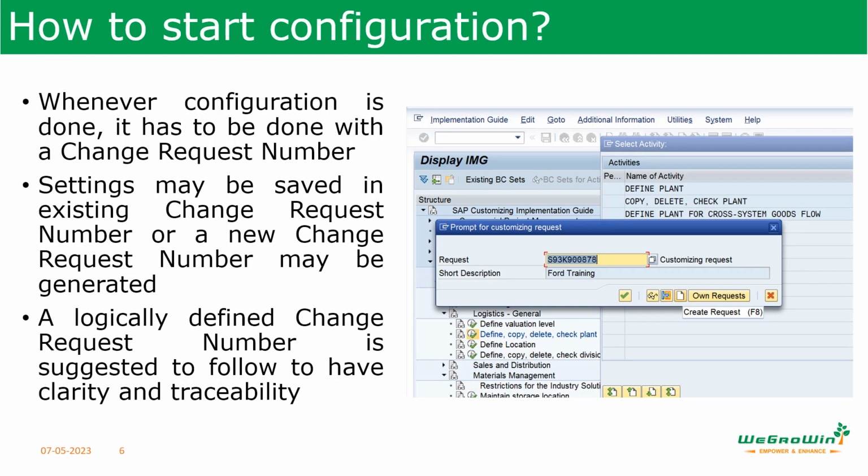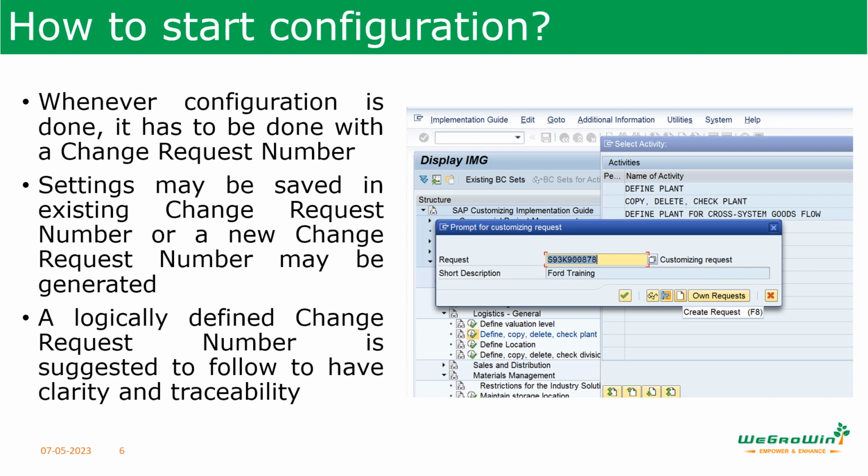Whenever configuration is done, it has to be done with a change request number. Settings may be saved in an existing change request number or a new change request number may be generated. If you opt to create a new request, another pop-up screen will appear that requires a short description of the change you will be making, like user ID, source client, category, etc. If the target client is blank, make sure that you enter the correct target client for the change request.